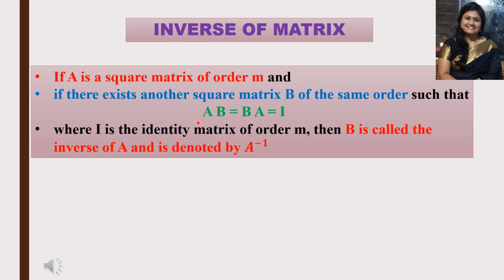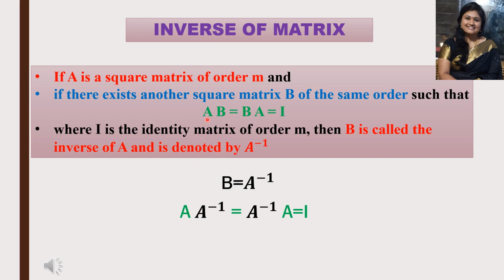So you just remember this: A into B is equal to B into A, which is equal to I. Now the same thing related to the inverse: B is called the inverse of A, so we write B is equal to A inverse. By putting the value of B as A inverse in this equation, what is the change?